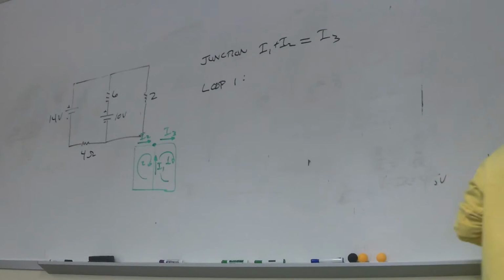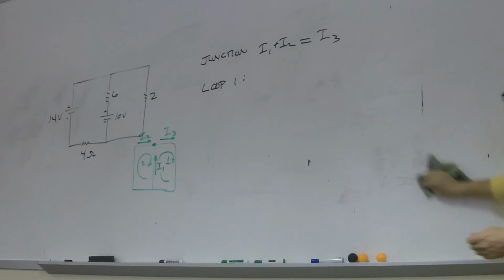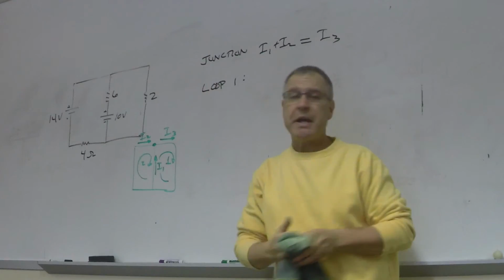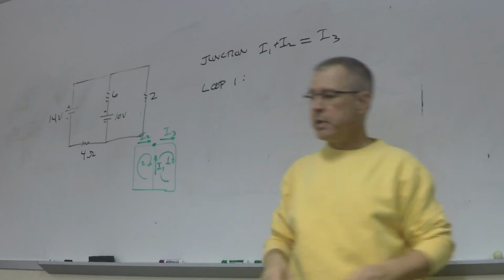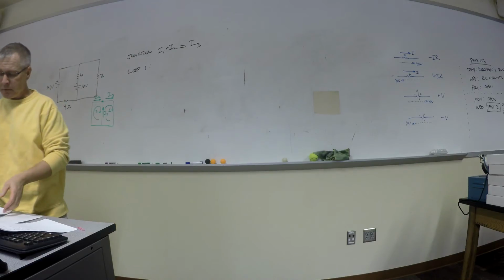What you want to do is, we picked some directions already for the currents. So we know what directions we guess the currents were going to go through those resistors. What we're going to do is compare, and the batteries I should say, so both, compare that to how we're going through it as we're walking around the loop that we chose in the direction that we chose.